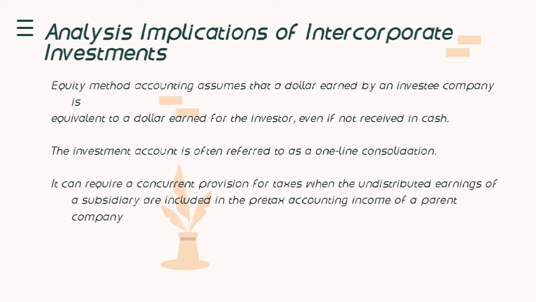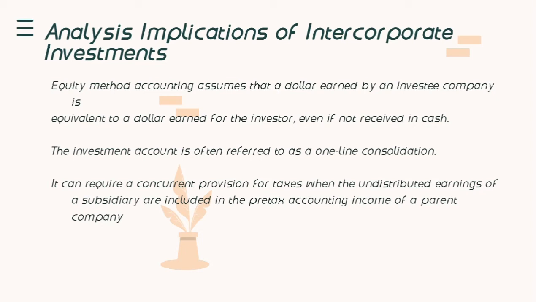And then, when the undistributed earnings of a subsidiary are included in the pre-tax accounting income of a parent company, it can require a concurrent provision for tax. This provision depends on the action and intent of the parent company.